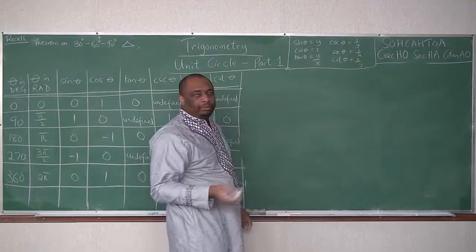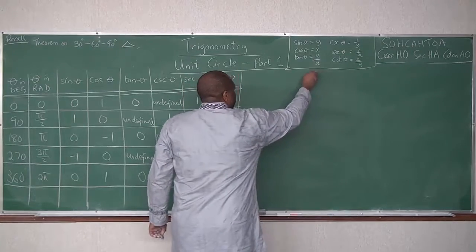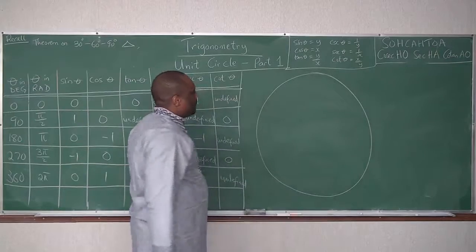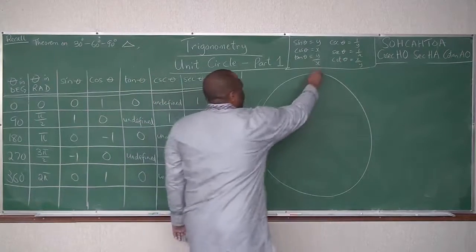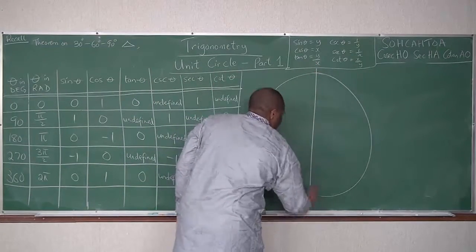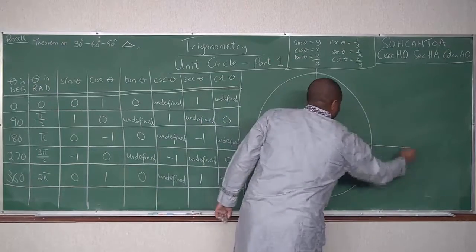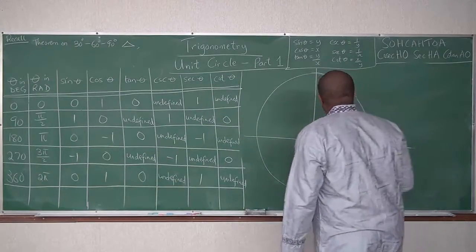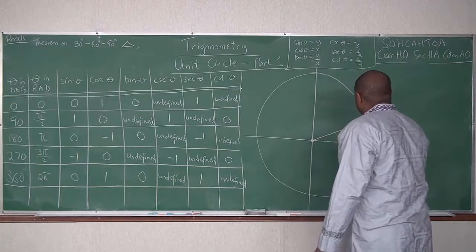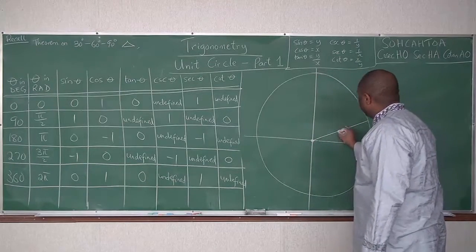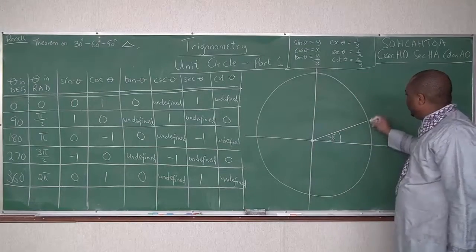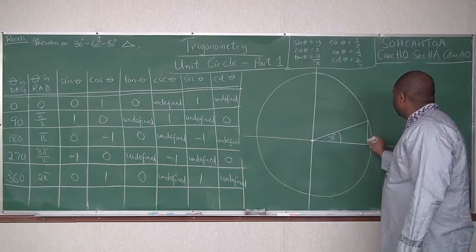So let's draw another unit circle. This is still at the origin. And we want an angle of 30 degrees. Okay? Let's draw a right triangle here.